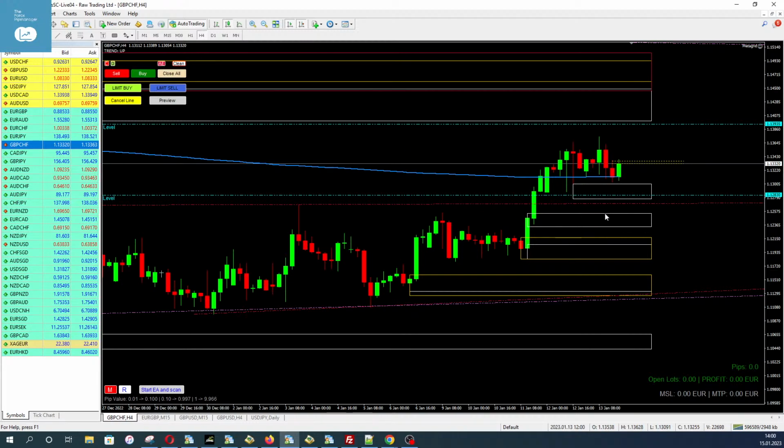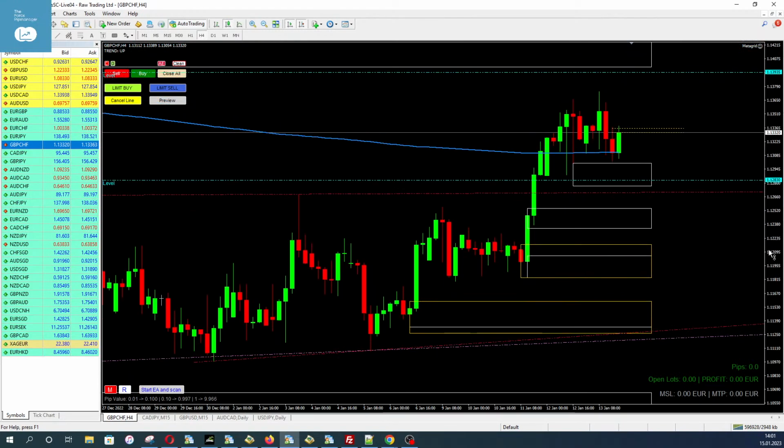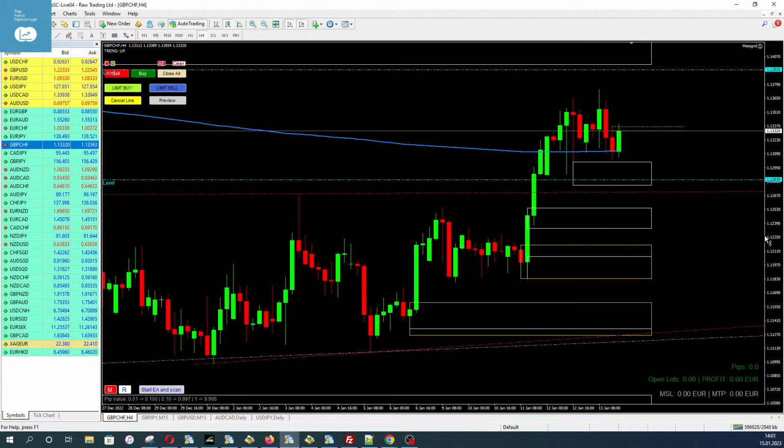If you see a lot of fresh demand zones like here, they are all created in the last 7 days, while these zones here are older, you can see they go far back in history. So if you see a lot of fresh demand zones, this means that this pair is in a strong up move so far. And if the price comes back and wants to retest all these demand zones, we check for price action if we can maybe come into such a trade.